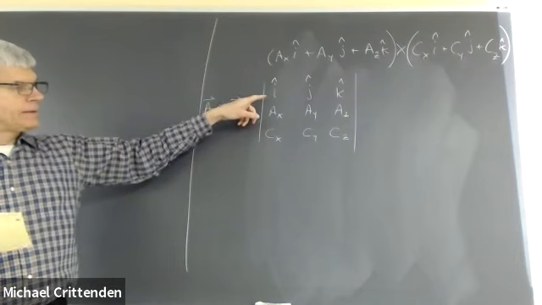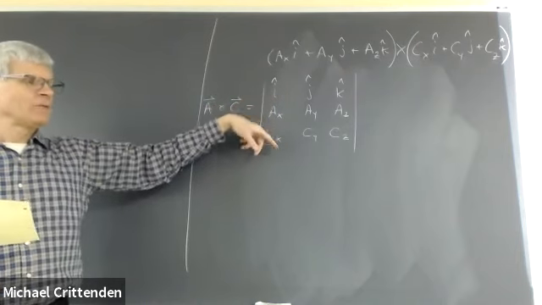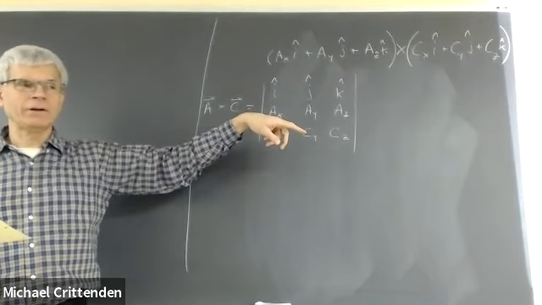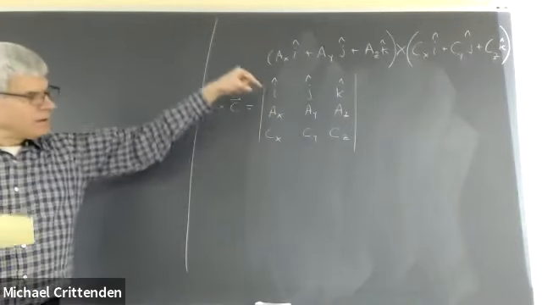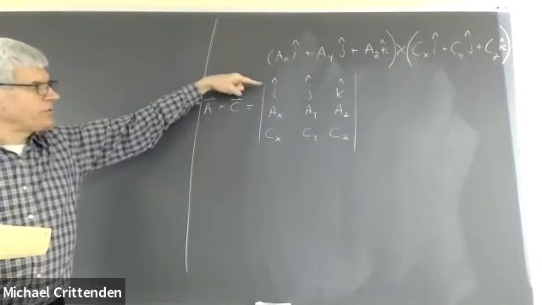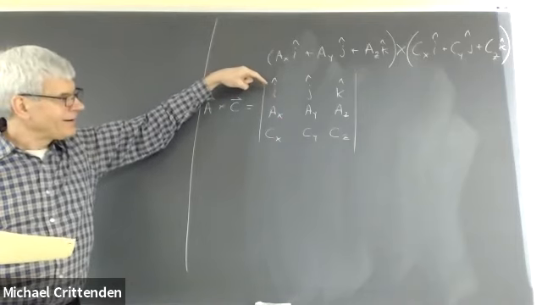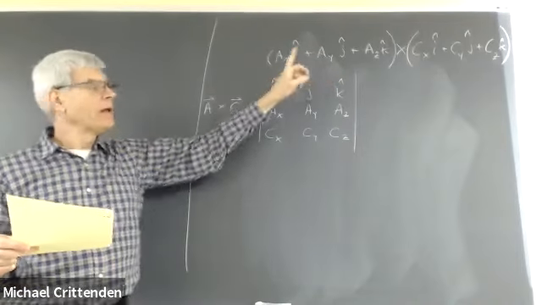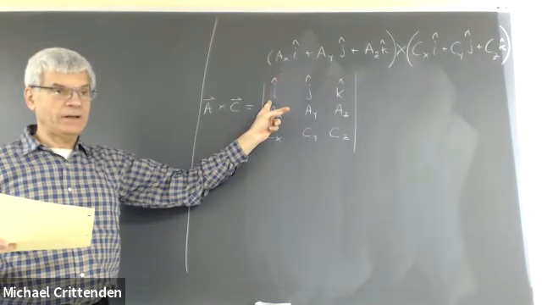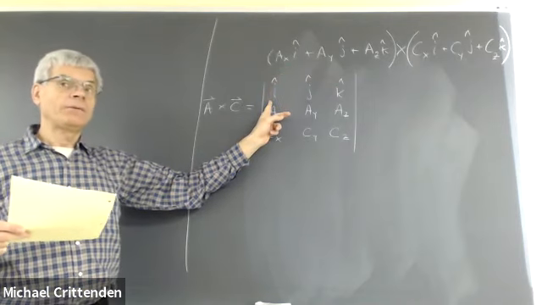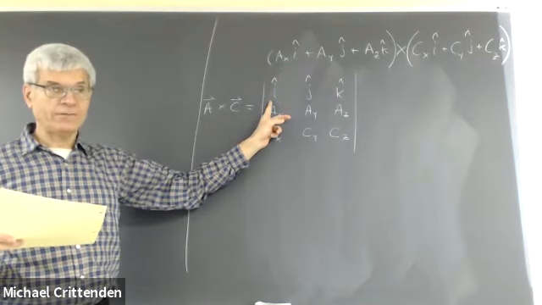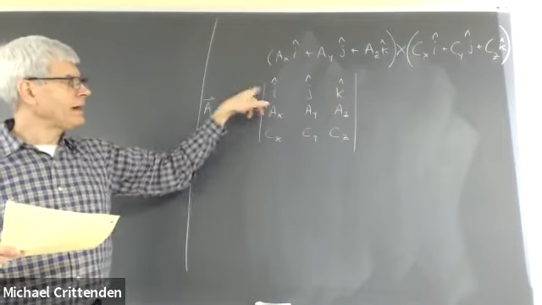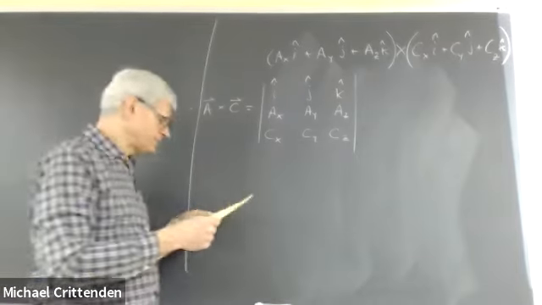What you do, you might pick a different row in some other kind of problem where you aren't doing a cross product, but the only sensible choice in this case is to go along the top row, the I, the J, and the K. You multiply each of those times the 2 by 2 determinant formed by leaving out the row and the column like this.